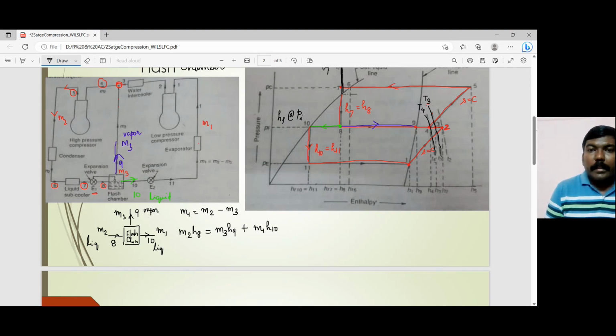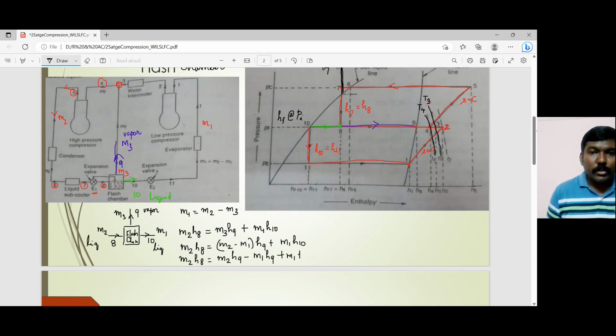Okay, and so if you want to substitute for M3, M3 can be written as M2 minus M1. So M2H8 equals (M2 minus M1) H9 plus M1H10. If you expand this, you will get M2H8 is M2H9 minus M1H9 plus M1H10.